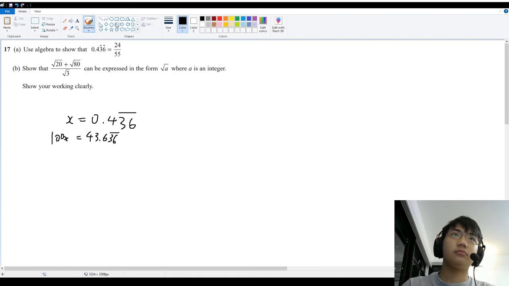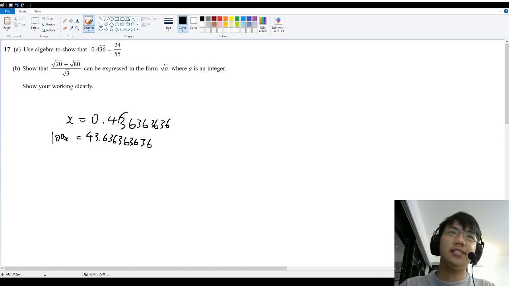Basically, if we remove the recurring sign, 0.436 recurring is 0.43636363 and so on, and 100x is 43.6363636.